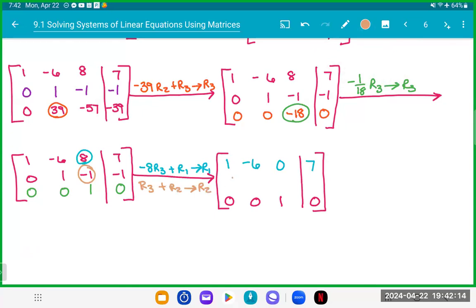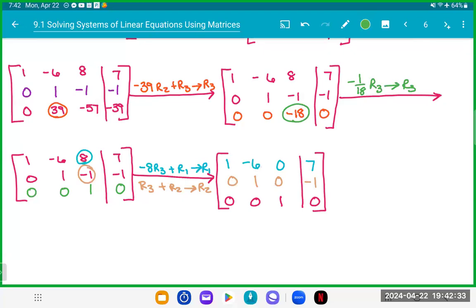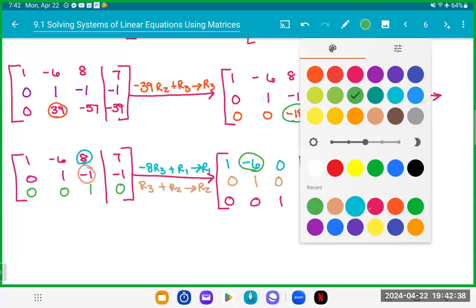So that's going to keep us at 0, 1. Now I have 1 plus -1. That's a 0. I have 0 plus -1 is a -1. So the last thing that we have here is to let's get this -6 into a 0 as well.